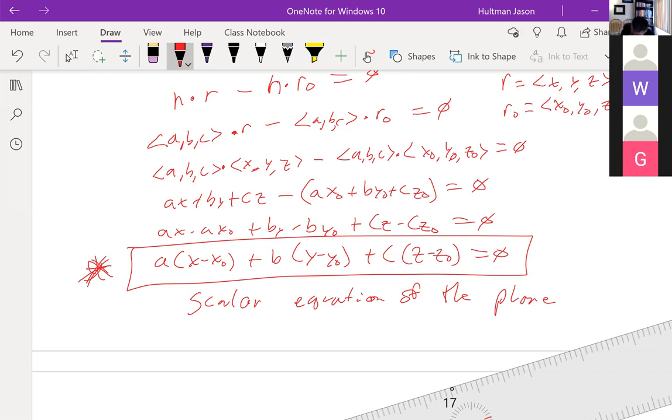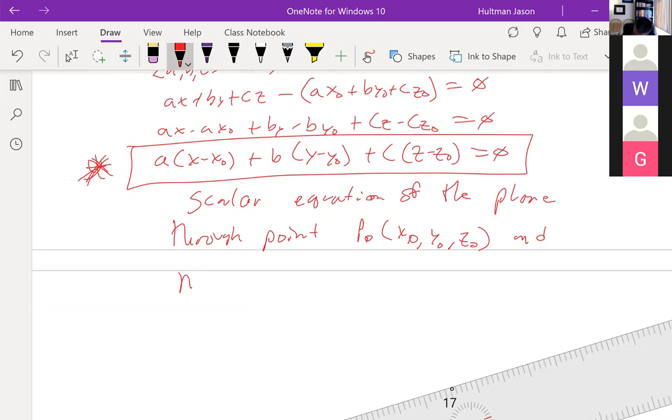Okay, through the point P naught, X naught, Y naught, Z naught, and with normal vector A, B, C. So this is a vector, A, B, C. So again, all we need is a point and a normal vector, and we can find the equation of a plane in 3 space.